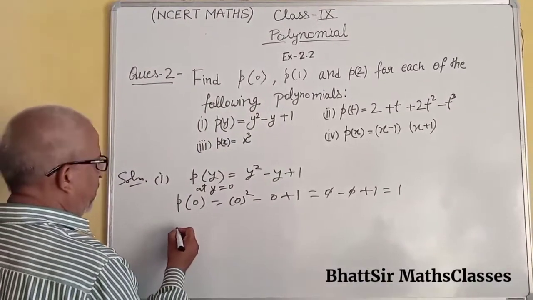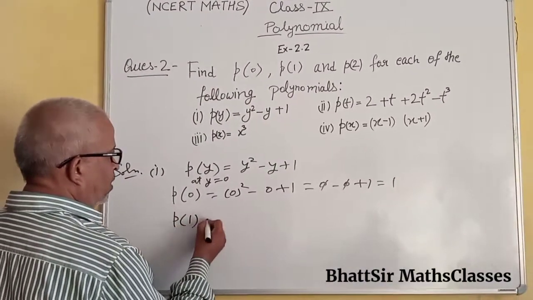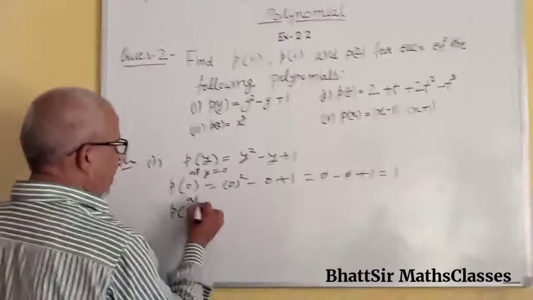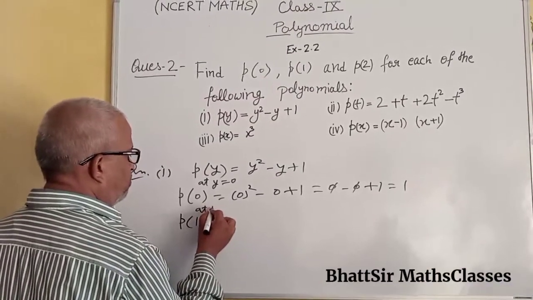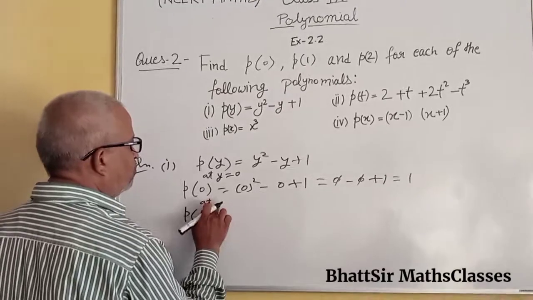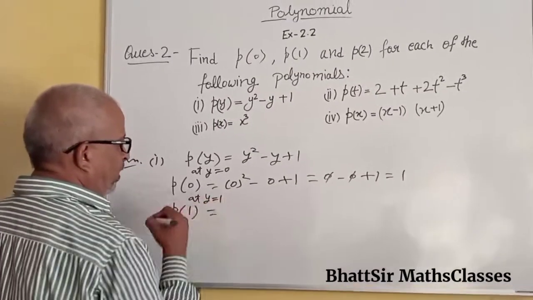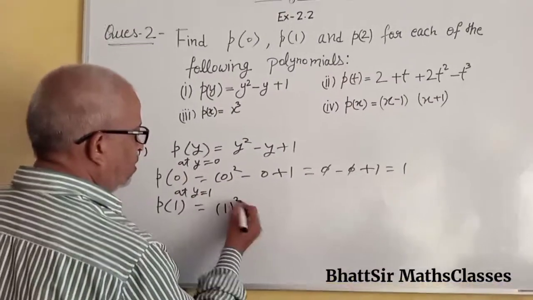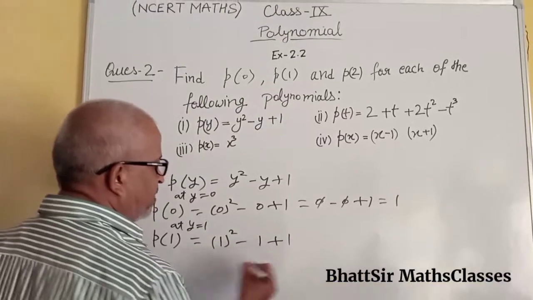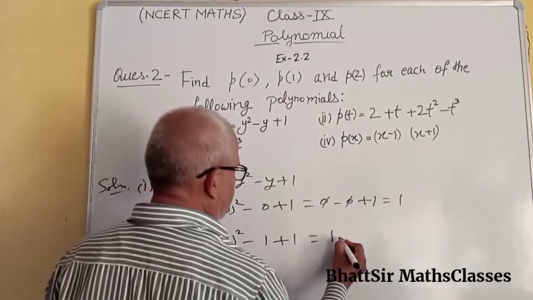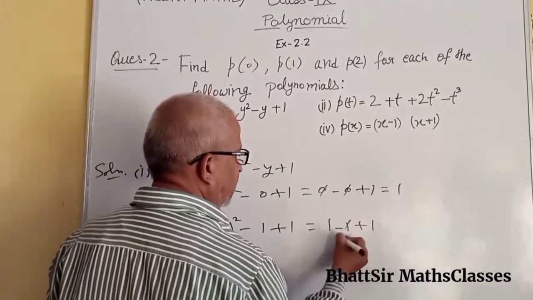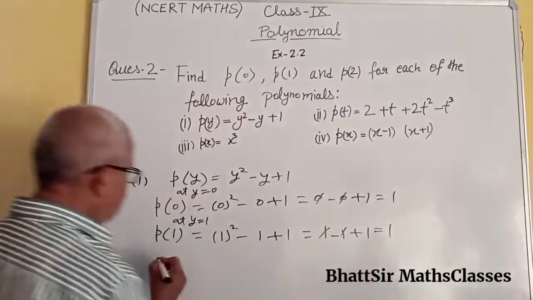Similarly, we can find P(1), at y equal to 1. Then 1 square minus 1 plus 1 equal to 1 minus 1 plus 1, which equals 1.